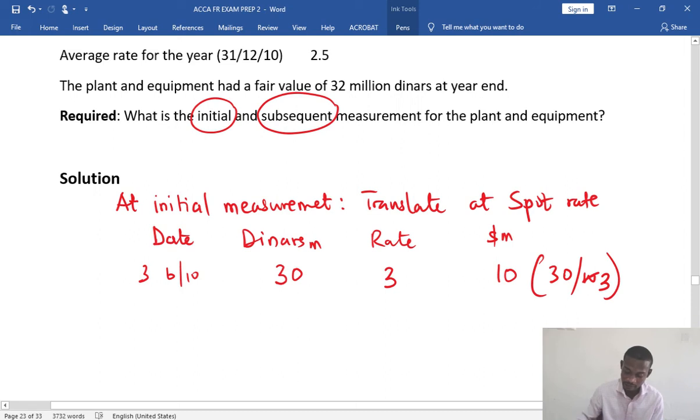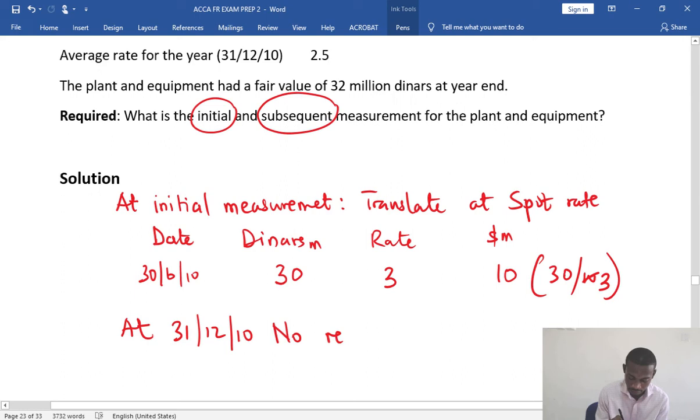So what I would say here is that at 31st December 2010, no retranslation under cost model.